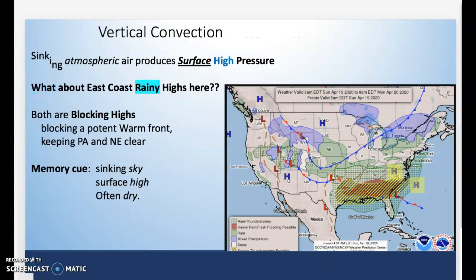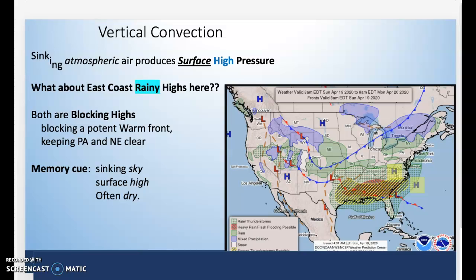Now, you may say, well, look, there are two other highs on that map, and you're not talking about those. And those highs are along the eastern seaboard. And guess what? There's rain all around those highs. But these highs are actually acting as blocking highs. Look at Pennsylvania. Look at New England. They are clear.